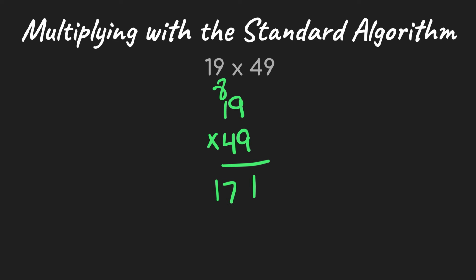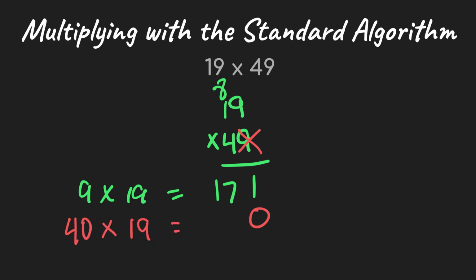Okay, really what you did here is 9 times 19, and that gave us that answer. Now, I am done with this 9, so I'm going to add a 0 because I am multiplying by 40 now. So really what I'm doing is 40 times 19, and that's going to get my next step.